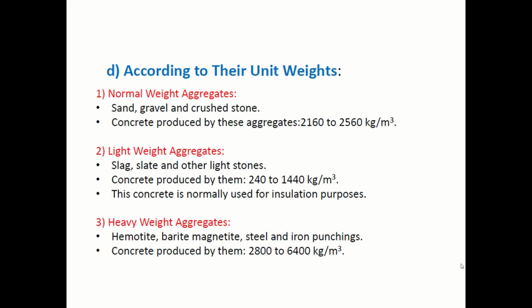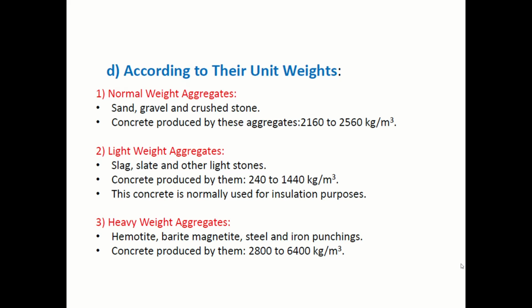Then according to unit weight, normal weight aggregate like sand, gravel, and crushed stone have this range of unit weight. Lightweight aggregate like slag, slate, and other light stones are under this range of unit weight.